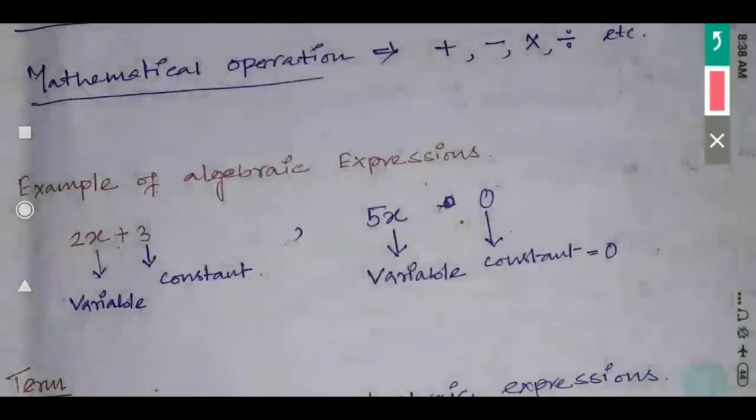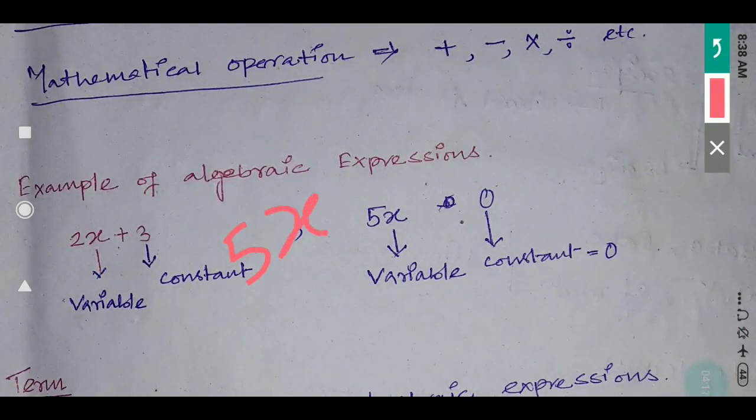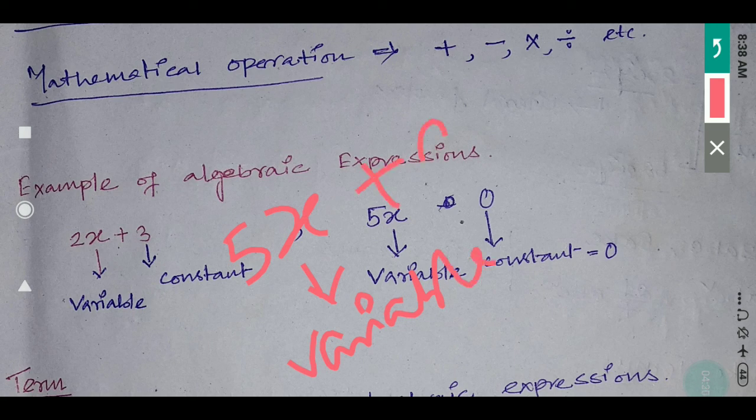Suppose this is given: 5x. The letter x is present, that means it is a variable. After that, is any constant there? Nothing is there, so you can write plus 0 or minus 0, whatever.